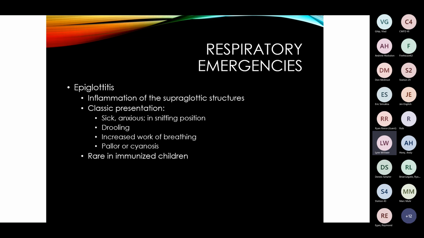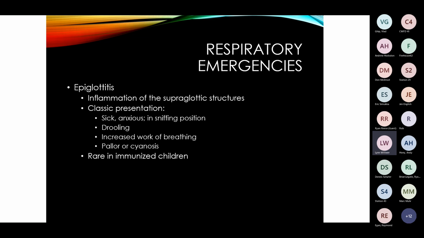Epiglottitis is a severe infection and inflammation of the supraglottic structures, including the epiglottis. Classic presentation is this is a sick child. This person has a high fever. They're very anxious. They sit in a sniffing position because they can't breathe adequately without being in the sniffing position. They are drooling. There's copious drooling because it's extremely painful to swallow.